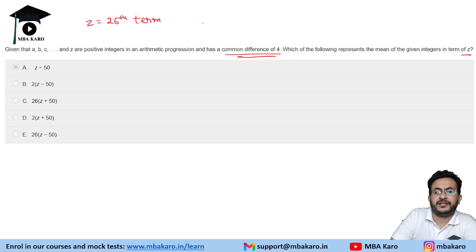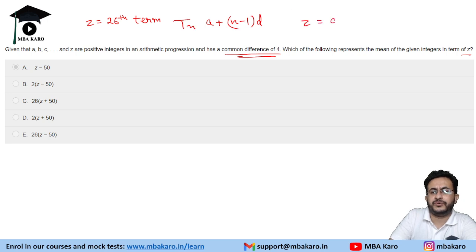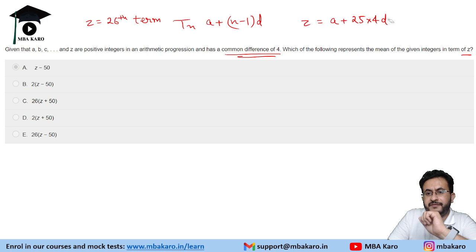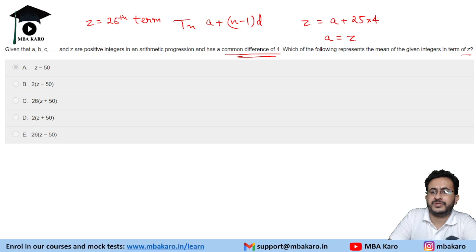The nth term is given by a plus n minus 1 into d. So the 26th term Z will be equal to a plus 25 into 4, because d is 4 here. So a plus 100, and we get a is equal to Z minus 100.